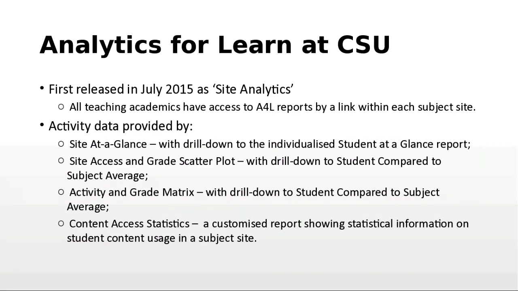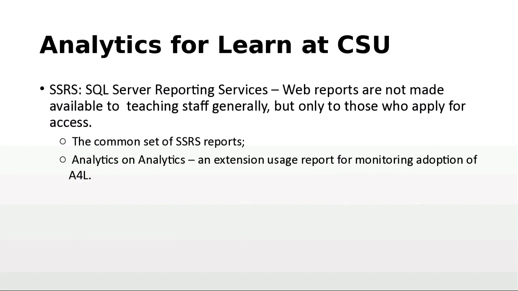Also the matrix that shows the activity and grade, and a customized report for content access statistics, showing student accesses to our different content within that site. I'm sure that most of us would be familiar with these different reports, but if you're not, then chip in with a question.